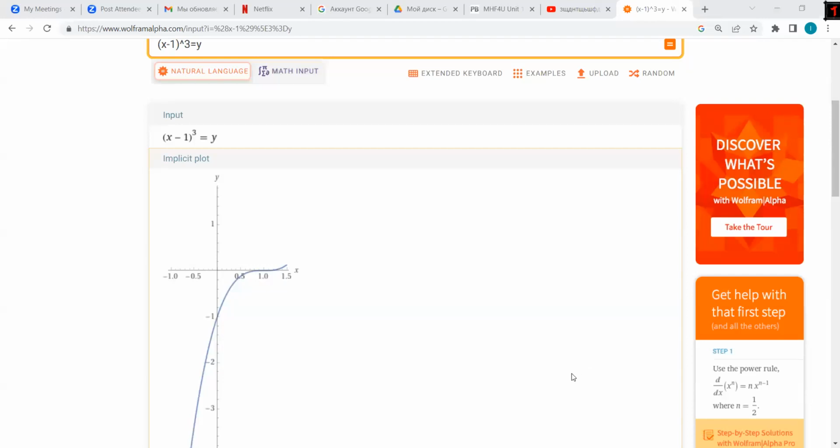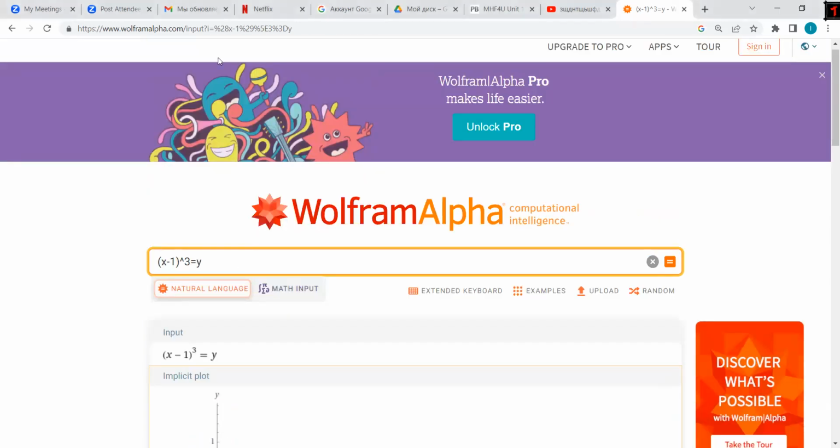I'll go to my graphing software, Wolfram Alpha. I'll just adjust a little parameter here, plus 1.